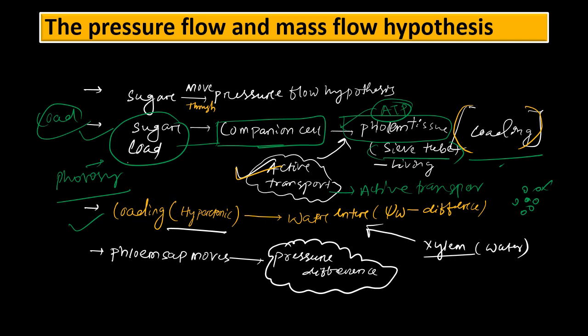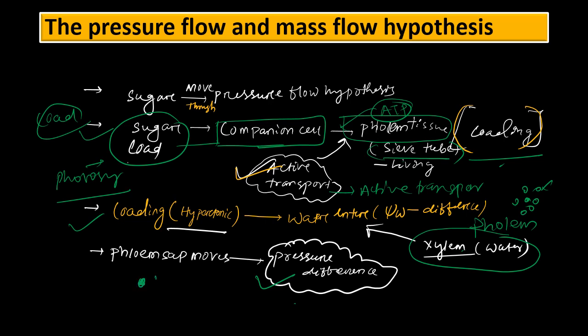So water from the nearby cell enters the phloem. The nearby cell is the xylem, because xylem contains water and minerals. This water enters the phloem and creates pressure.